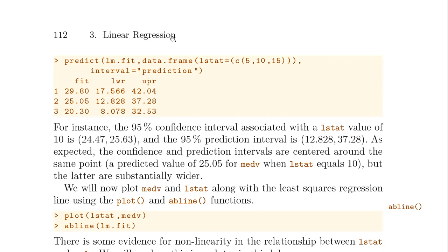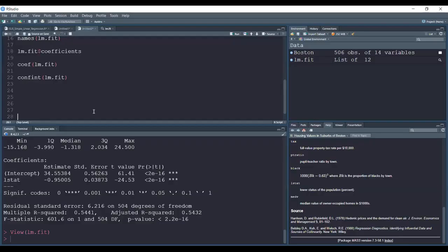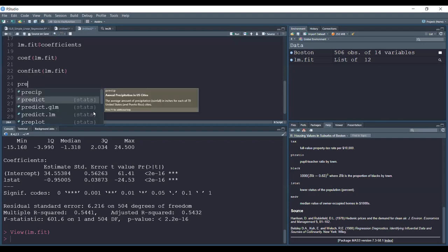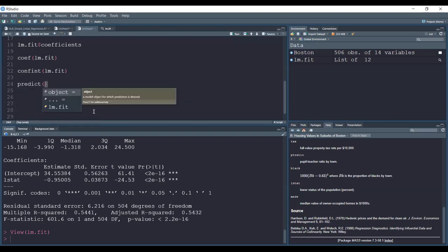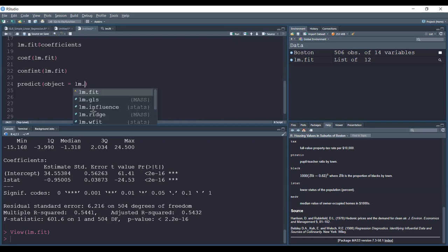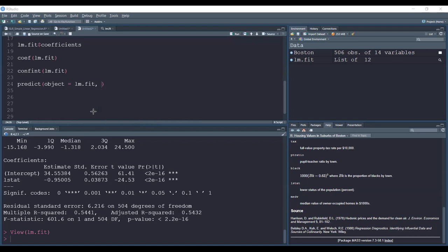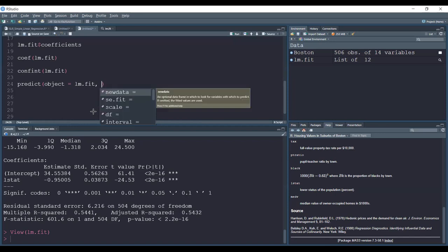Well, let's do it in R first of all. We'll do predict. Model object for which prediction is desired. So object is lmfit. And then we're going to give it the new data.